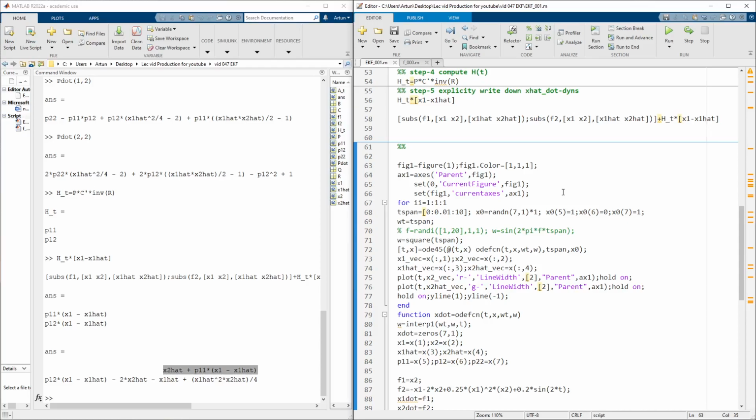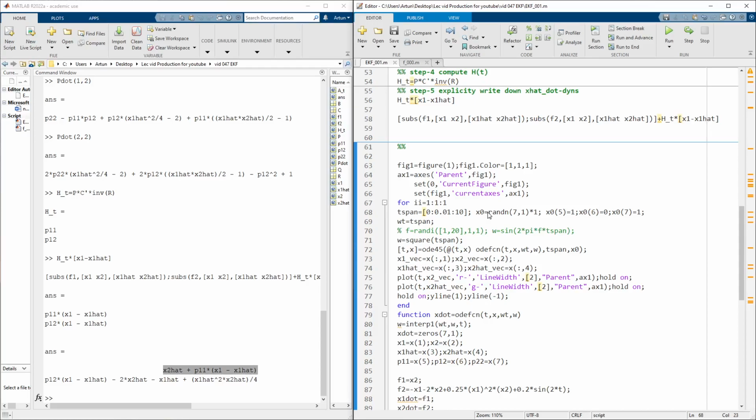Since we have two states for our plant and two states for our x hat dynamics, 2 plus 3 plus 2 equals 7. That's why we needed to make this initial condition 7-dimensional.